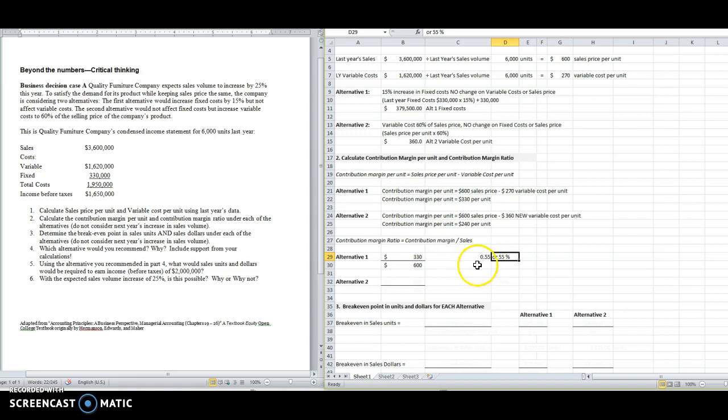So in this case, for every dollar in sales, we have 55 cents left over to cover our fixed costs. We're going to do the same thing for alternative 2. My contribution margin is $240 and my sales price is still $600.